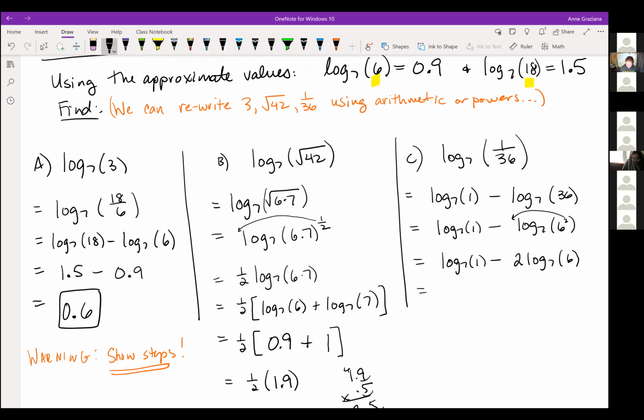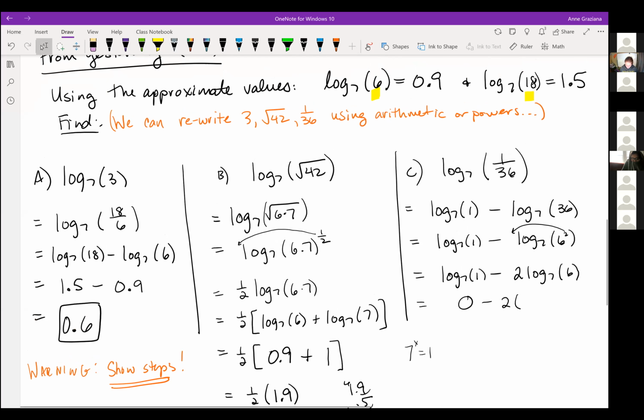Well, I know the other part, but I don't know log 7 of 1. All right. It's the same as asking 7 to what power will give you 1? 0. Okay. The power that goes on 7 is 0. So minus, and then this is 2 times 0.9, which is just really negative 1.8.